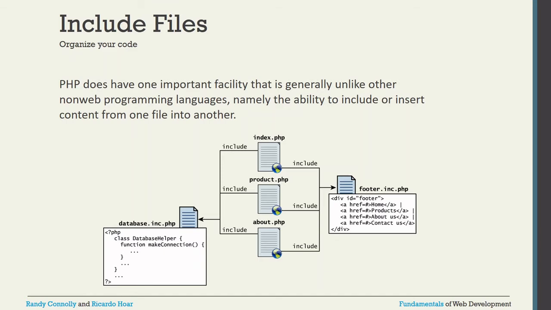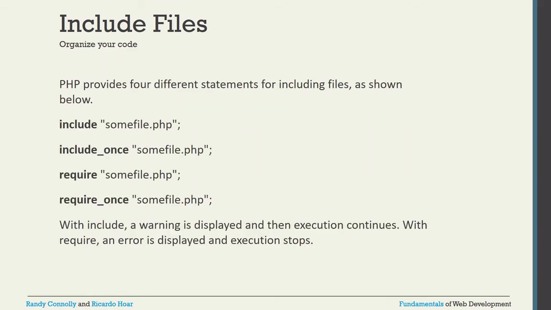Tomorrow if any menu changes, you have to open all the pages. Instead, you create a separate menu page, and any change you make in that page will affect all the pages, but in all pages we have to include that file. That's why the include files function is there. For including purposes there are 4 different statements to include a file in PHP.